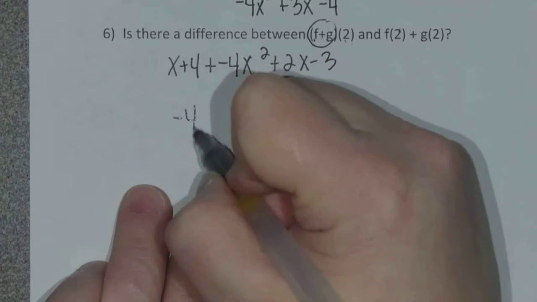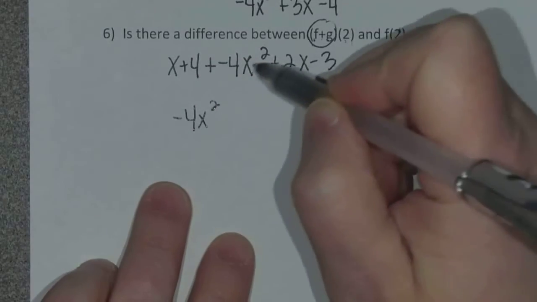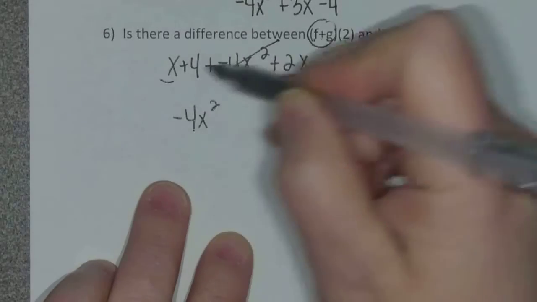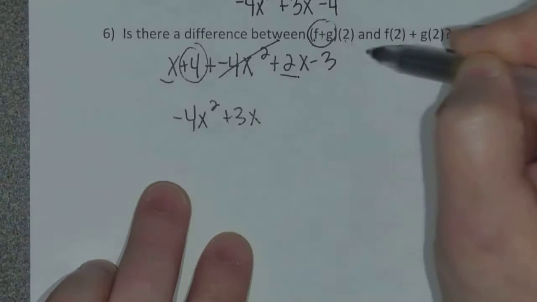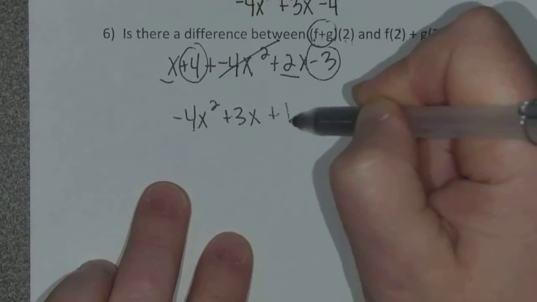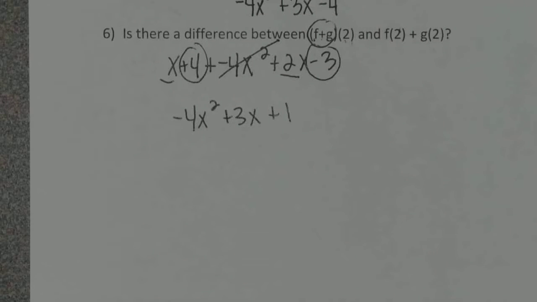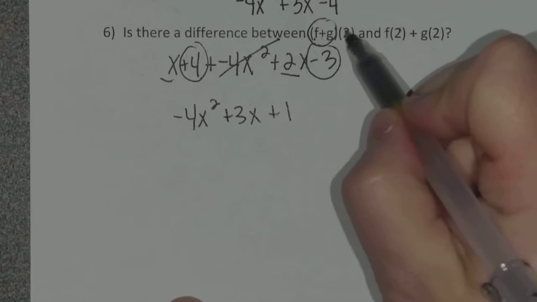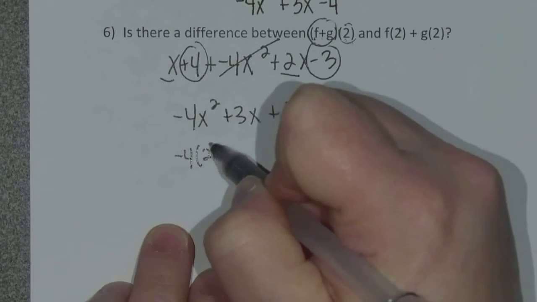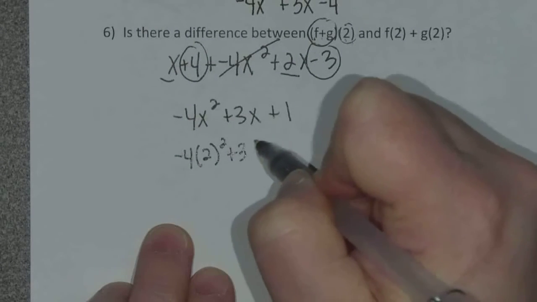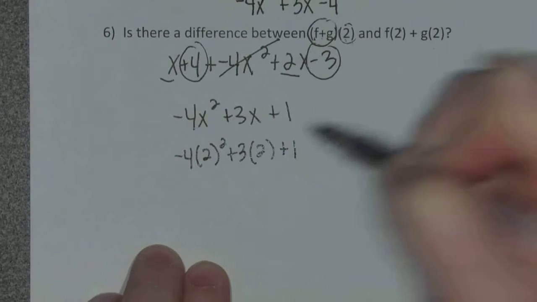So we'd have a negative 4x squared plus 3x plus 1. And now that I've done that, I'm going to put the 2 through it. So I would have a negative 4 times 2 squared plus 3 times 2 plus 1.